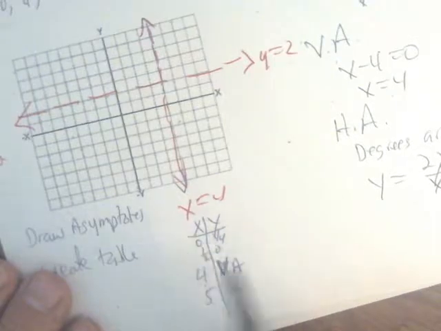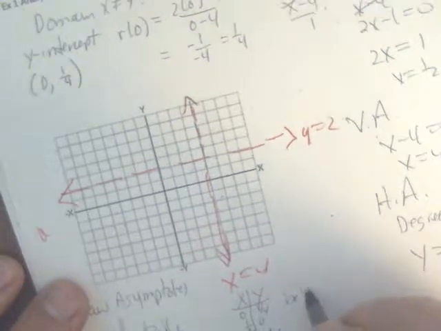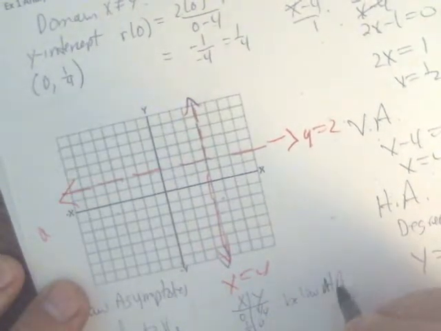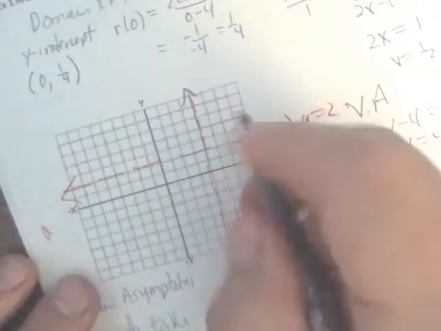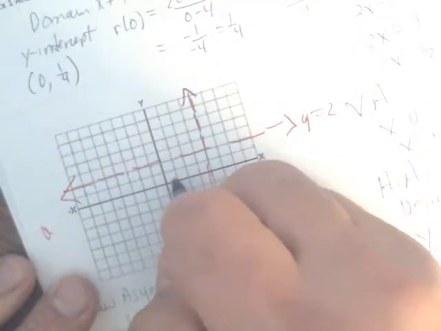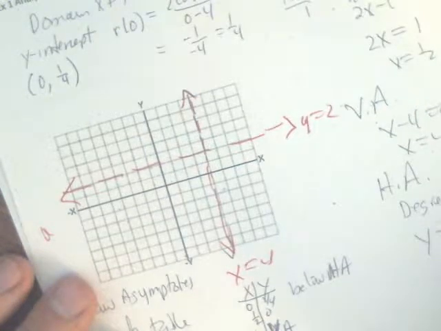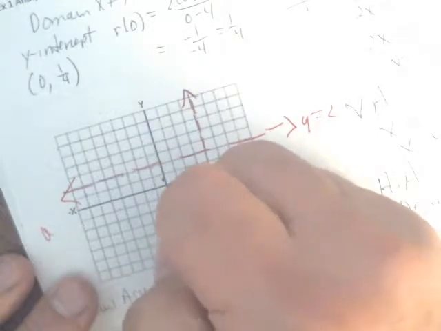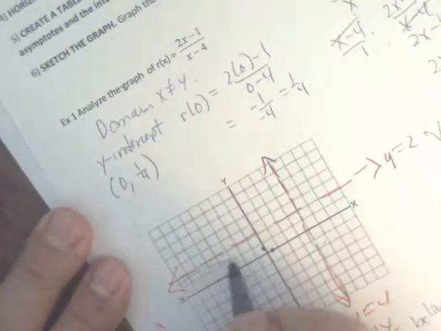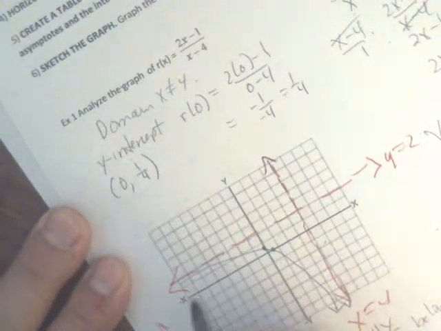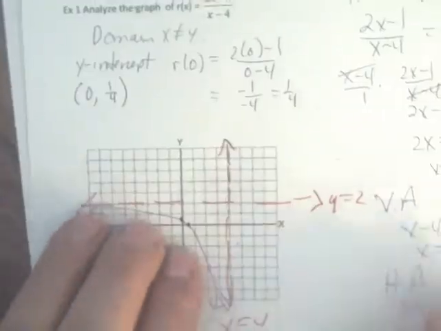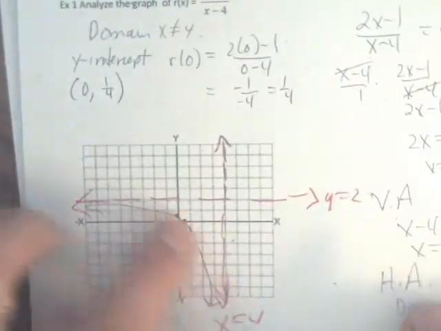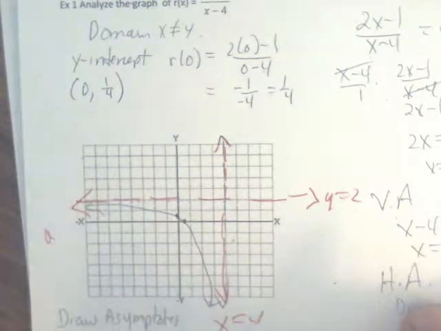What this tells me is that both of these points are below the horizontal asymptote. You can look at (1/2, 0) here, and (0, 1/4) about here. And that just tells me that my graph is confined in this new quadrant we've created. It's just a sketch, it doesn't have to be perfect.